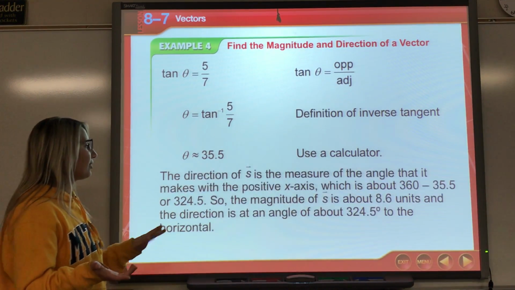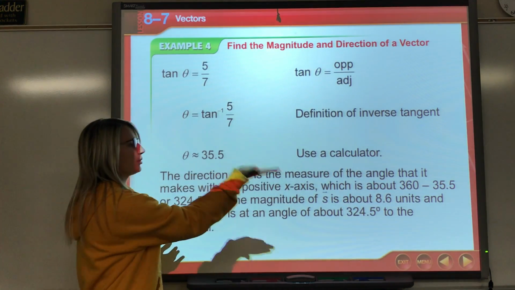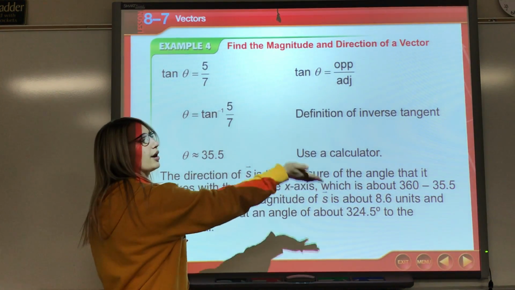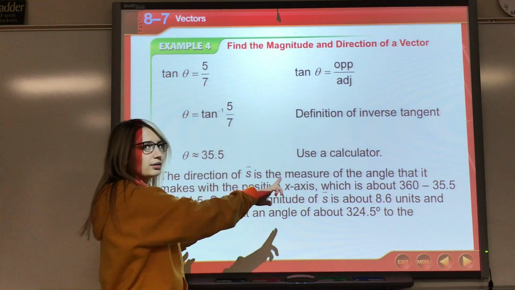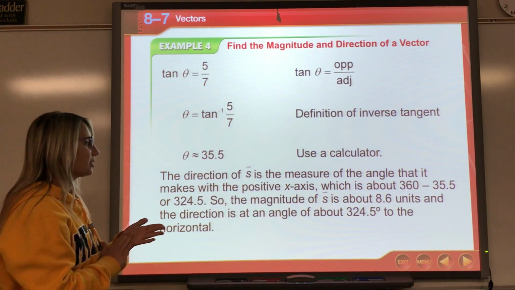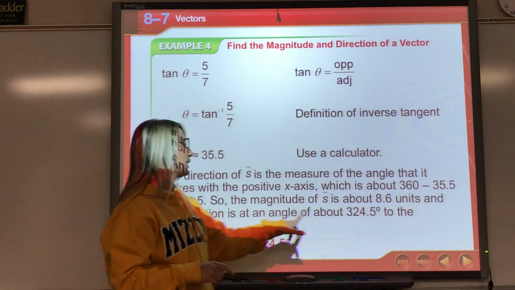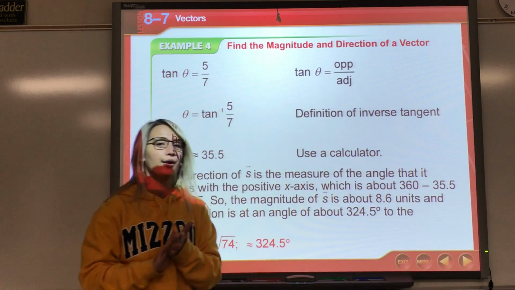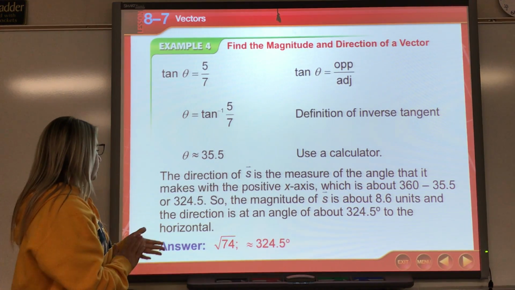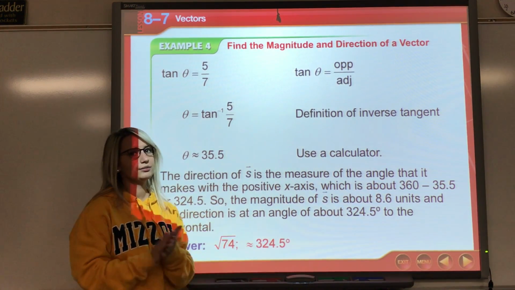But remember that in the picture that disappeared, we were starting at the horizontal and going all the way around counterclockwise. So we have to take that away from 360. So the degree is actually 324.5. So the magnitude and the direction.